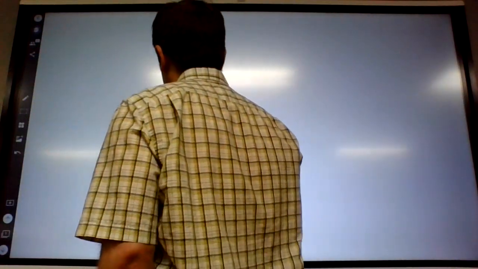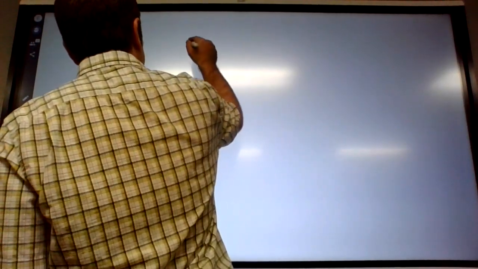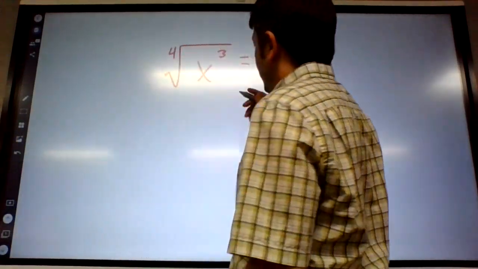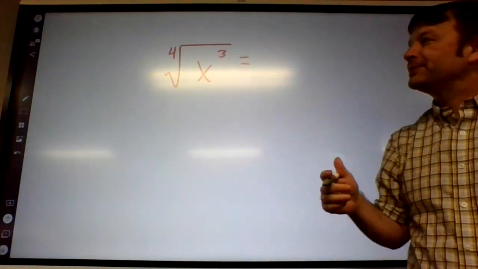So maybe I should do an example here first. Do you guys know another way to write the fourth root of x cubed?